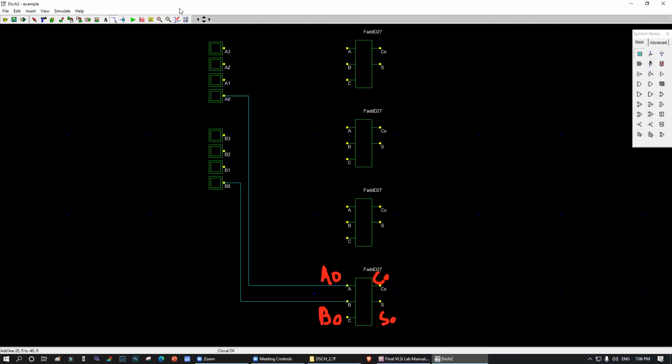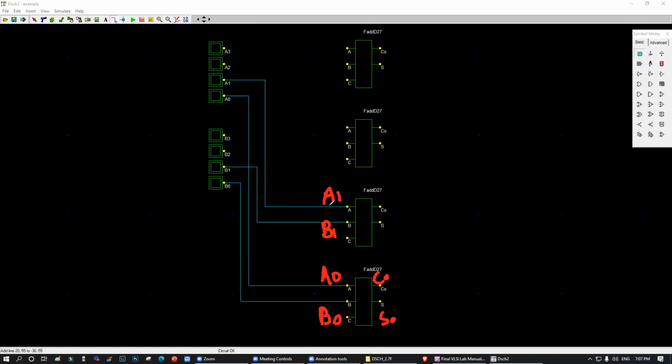So where will the A1 go? This is the B. So B1 will go to the next full adder. A1 will go to the next full adder. So this is your A1 and B1. Okay. So C0 should go with them, right?